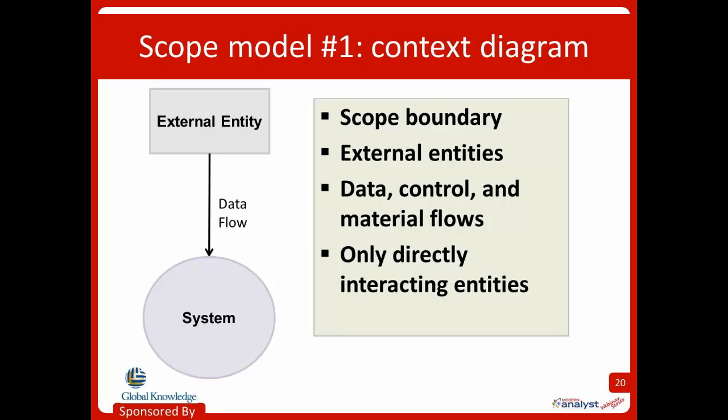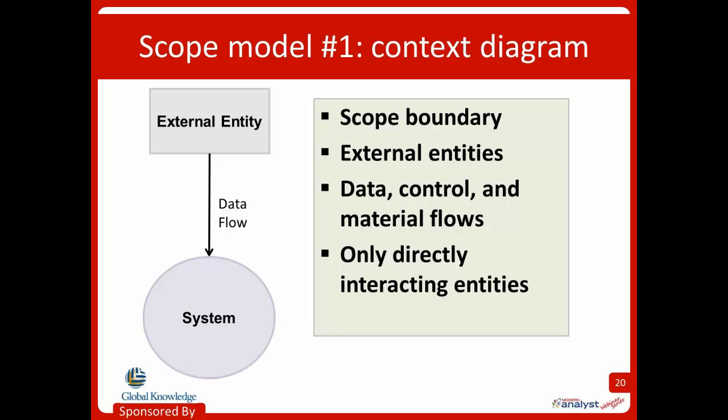So in this particular case, we have data flowing from the external entity into the system. Now, some people think of this as a top-level data flow diagram because you can, in fact, show data or other information flowing to and from the other systems. I personally treat it a little different than data flow diagrams. I think it's fine if you want to make that connection.